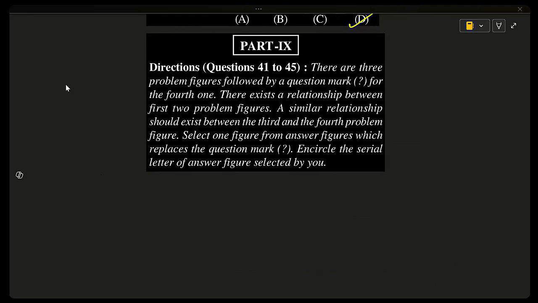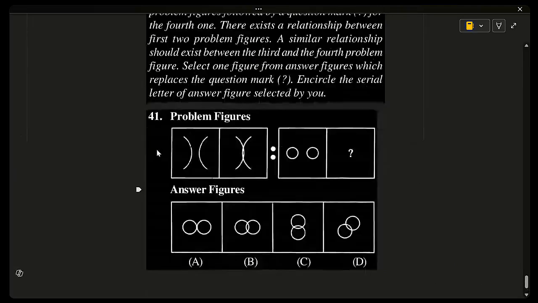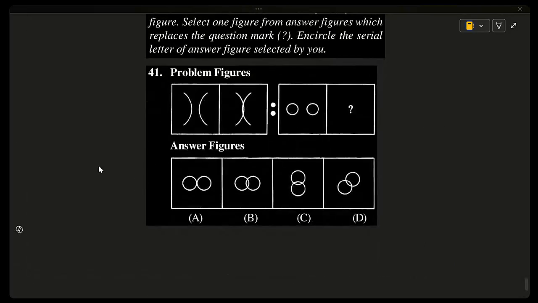41. Is the 41st question. So what is the relationship between the first two? They are coming closer and overlapping with each other in this portion. So the circles should come towards each other and overlap with each other like this. So it is seen in option B. And 42.